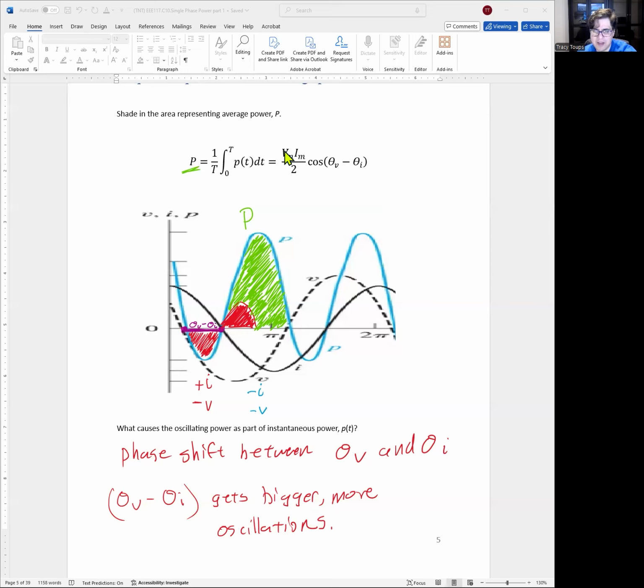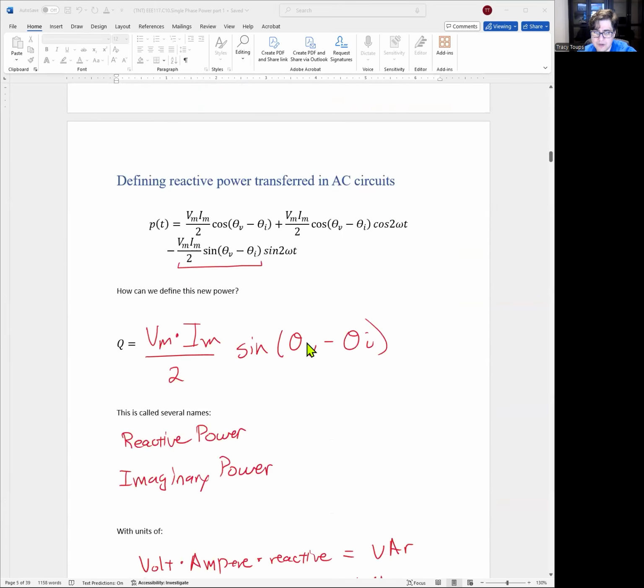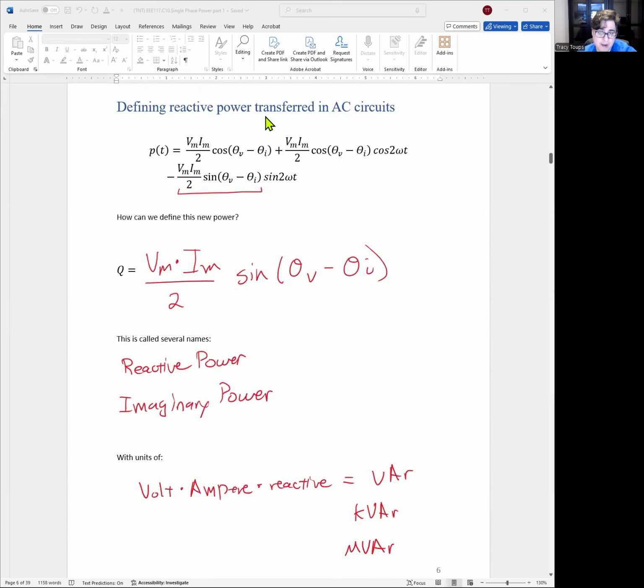I could get a hard number for P just by doing the math, but I have no way to represent red from this equation. So we have a new term called reactive power, right? So we have the green, which was the real power or the average power. This represents an oscillating part, and we call it reactive power.